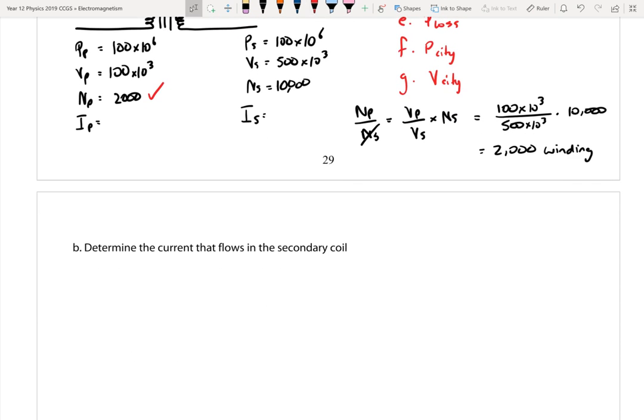Then the current that flows in the secondary coil: 100,000 on... resistance is always 5 ohms? I just made it up.